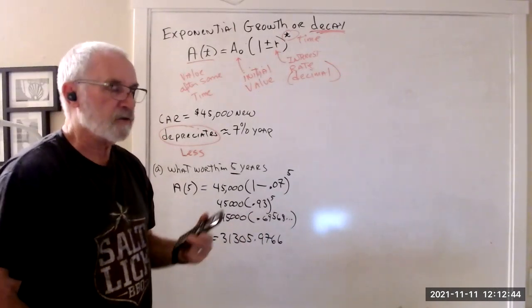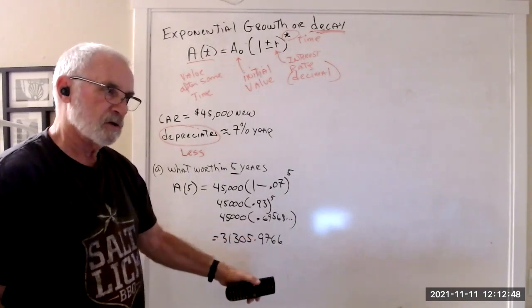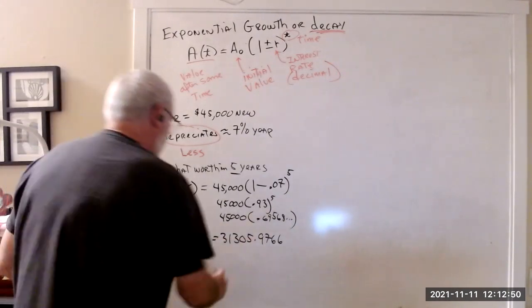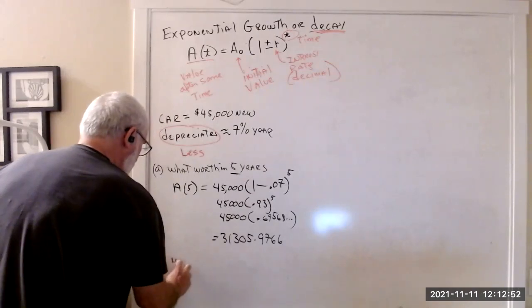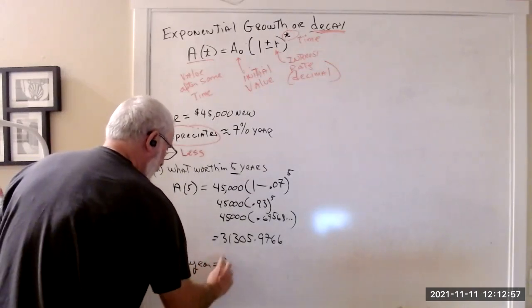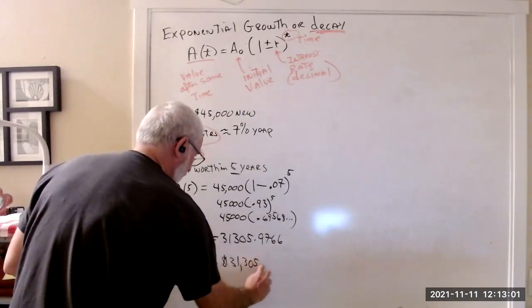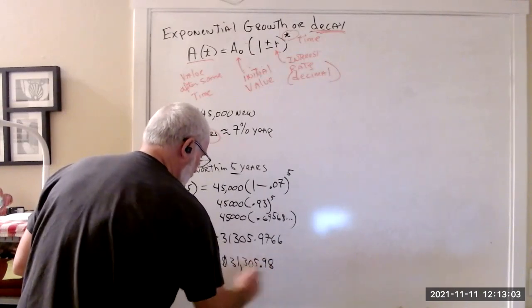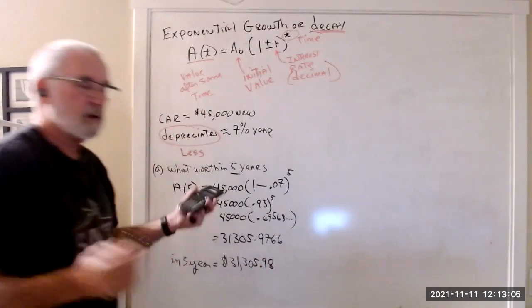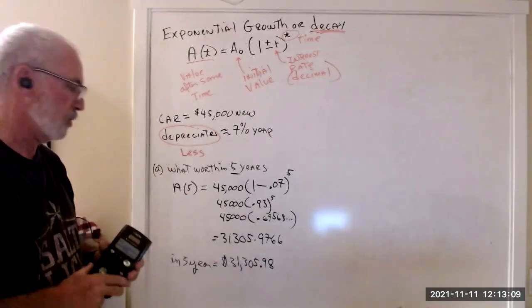But remember, this is money. And money is at worst dollars and cents. So you might say in 5 years, it's worth $31,305.98. Okay. Again, pay attention. Sometimes it'll say rounded to the nearest dollar.